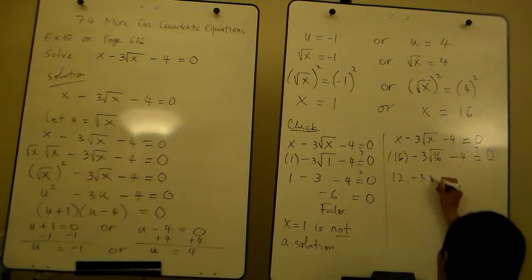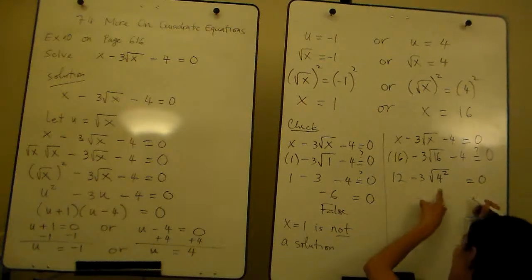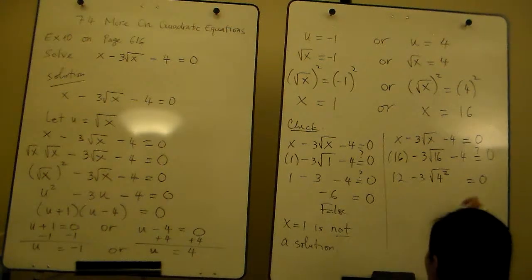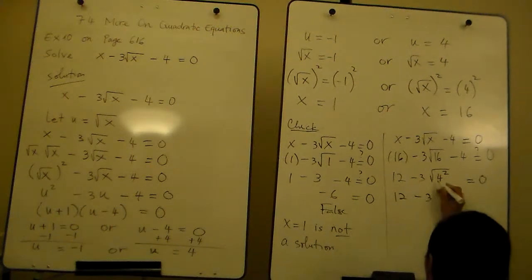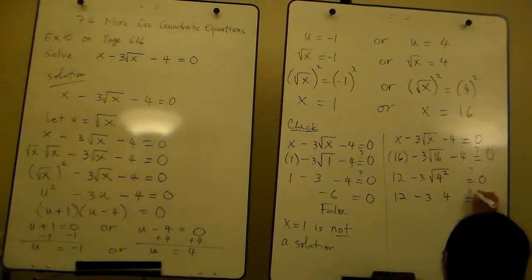Minus 3 square root of 16. You can rewrite this as 4 squared. I want to rewrite this because I want the exponent 2 to match with the index 2 here, so that I can simplify this radical. So 4 squared, take the square root, is equal to 4.